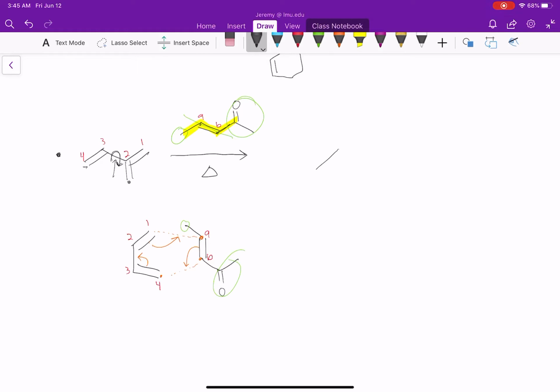So what does that product look like? We always draw a cyclohexene: 1, 2, 3, 4, A and B. Now what I want to show you is that the methyl and the ketone were trans, or E, which means in our product they have to be anti.